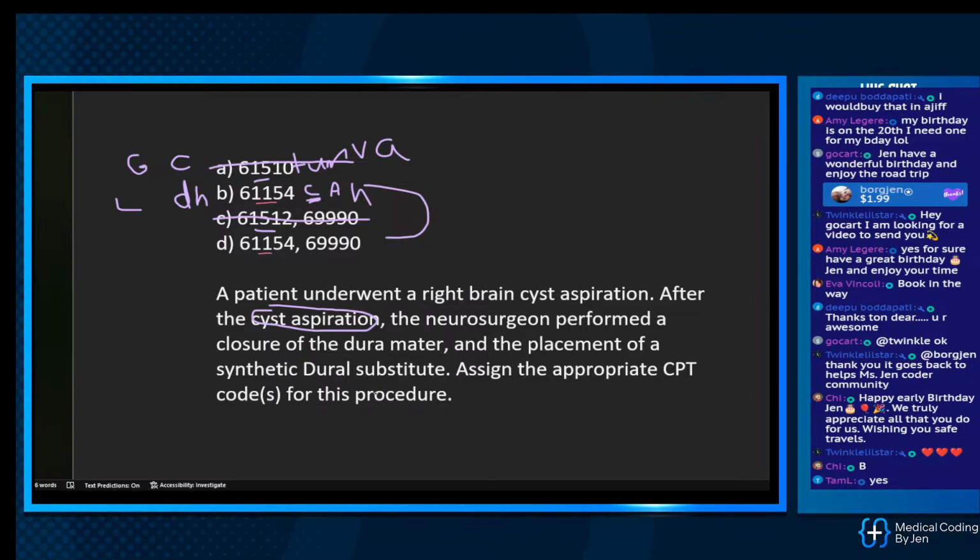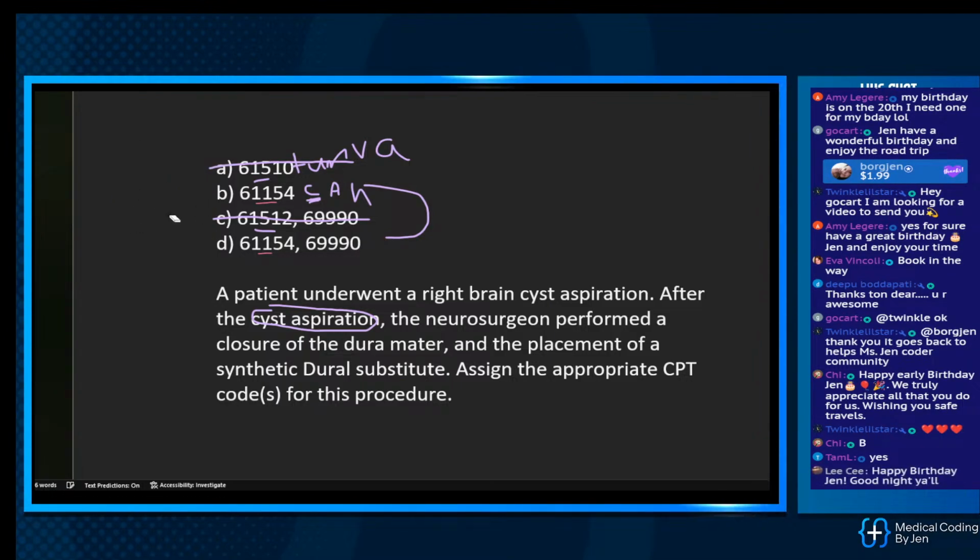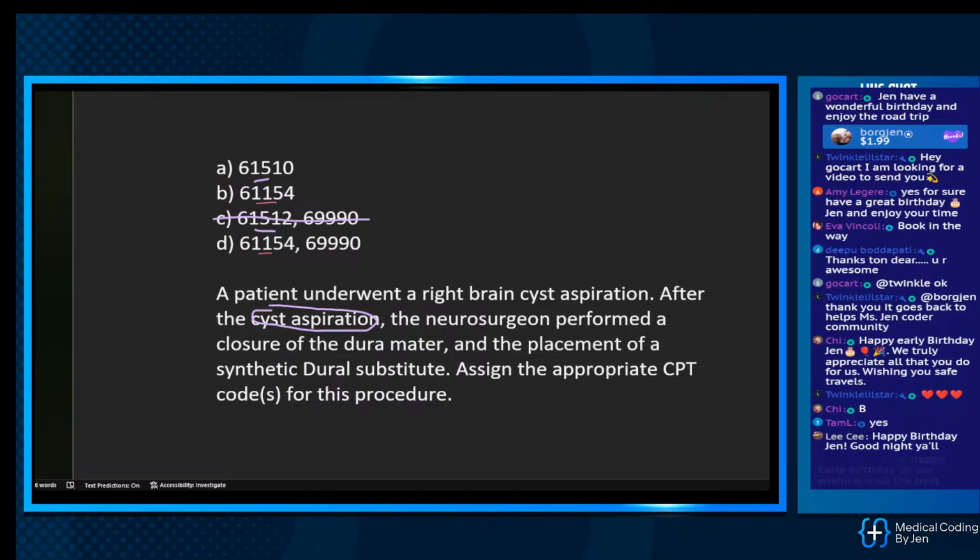Another way you can tell, if you didn't know anything about your general and your anesthesia or what type of procedures go into each one, is to look at your 615.